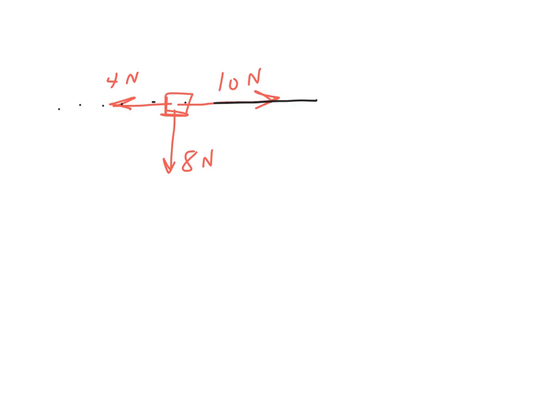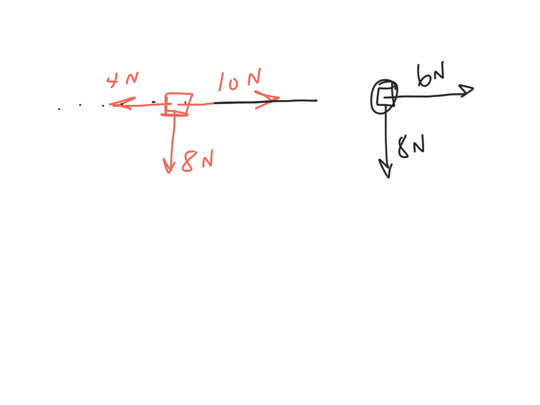So I could redraw this picture that it's the same thing as having 6 newtons this way and 8 newtons this way. Okay, so that's really sort of what's happening to the box. But this is not a good way to draw a diagram using vector math, because I've started all of my vectors at the same point.